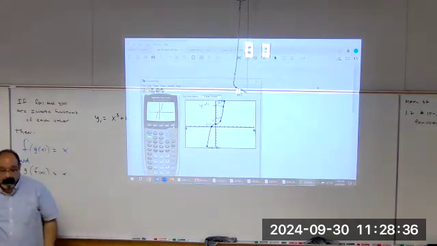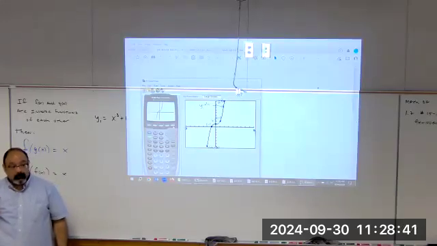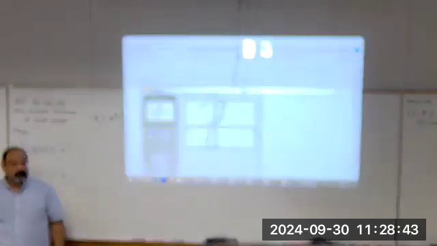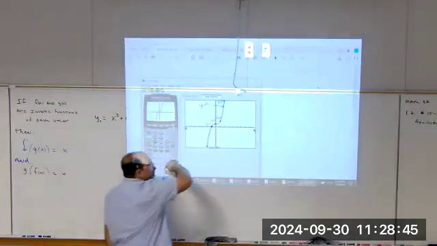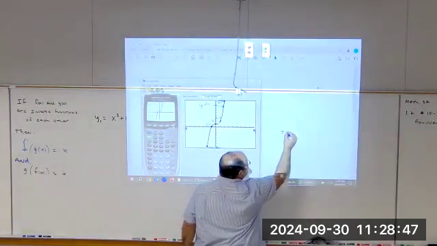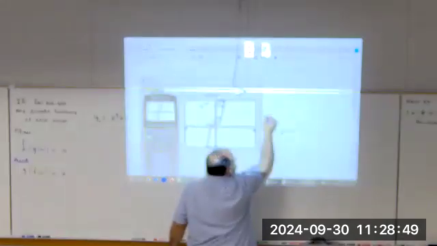Inverse functions are reflections. They're reflections across the line y equals x.